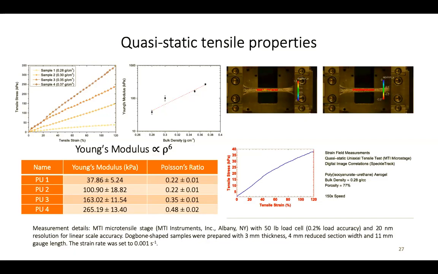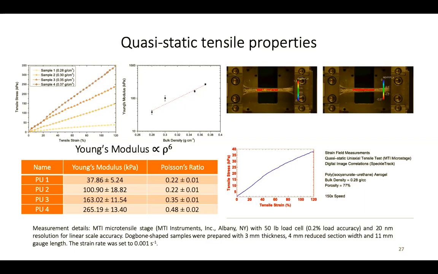The relationship between Young's modulus and density has an exponent of 6, which shows that this material becomes very soft when you reduce the density. And as you can see, we are at about 265 kilopascal at a density of close to 0.5 with, no, this is Poisson's ratio, I'm sorry.